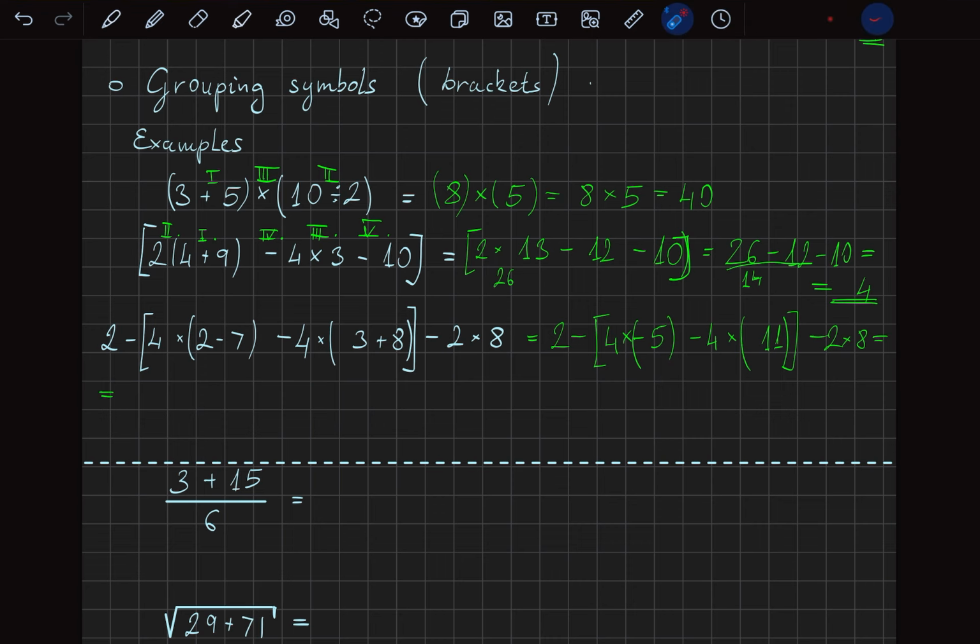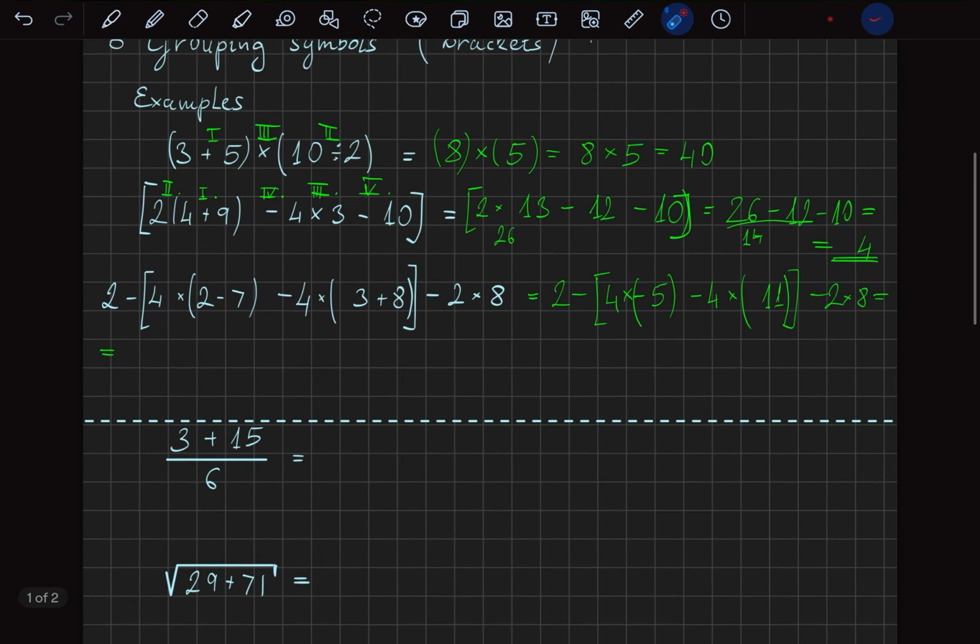So we have 2 multiplications. Yes, so it's tricky. Every time if we have minus 4 times something, it's like minus 4 times plus 11, or just we put here a bracket. Okay, it's really important.